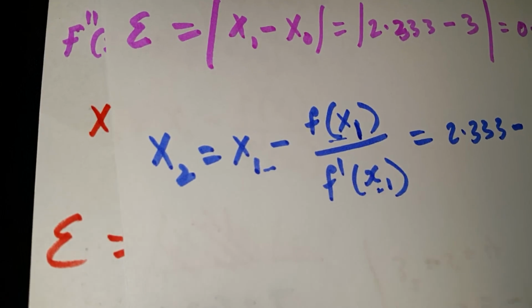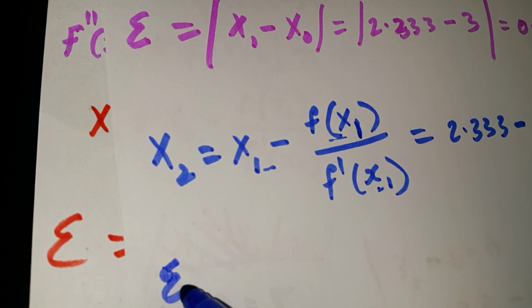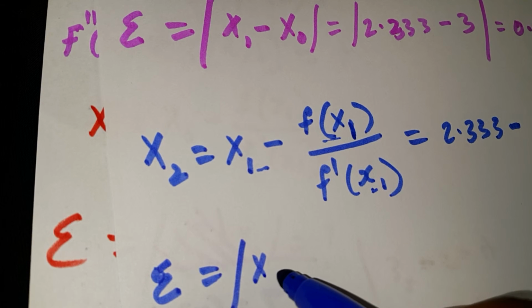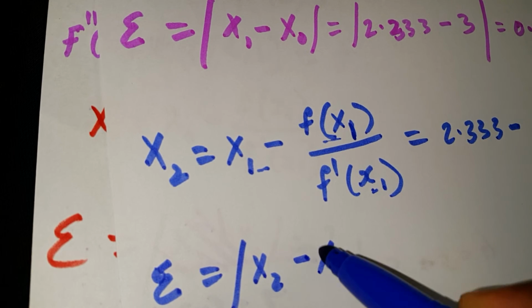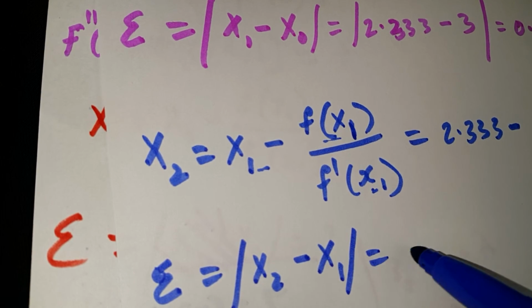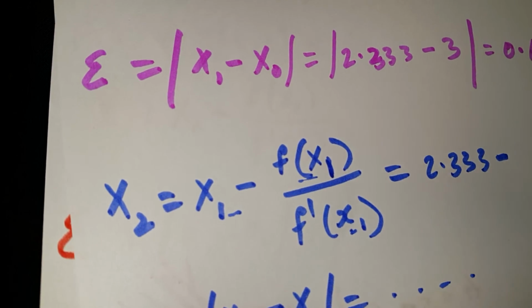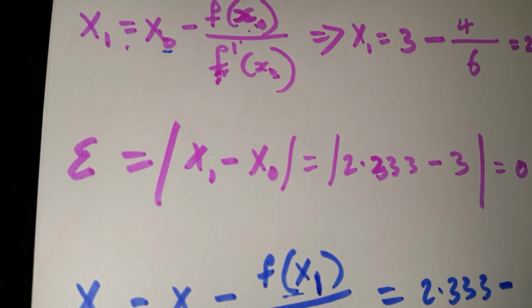Then when you come to the error, you say that error is equal to x2 minus x1, which will give you the error. So you keep doing this till you get to the error they ask you to find.